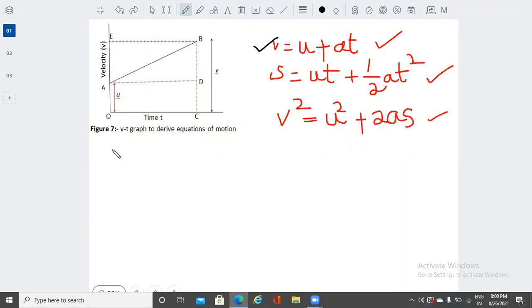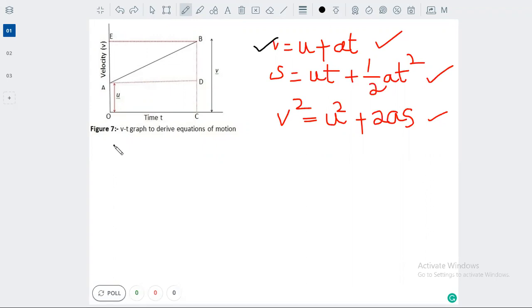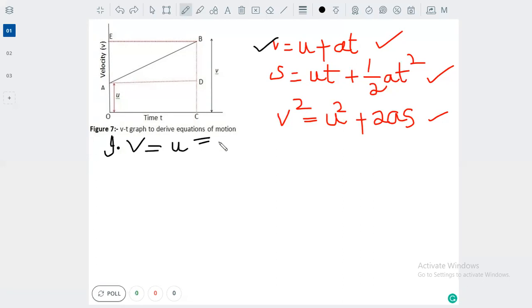First of all, the initial velocity. I'm just writing it as IV. Initial velocity is equal to u. Why u? Because you can see u. Initial velocity is u, and u is equal to OA. That is the initial velocity OA, and OA is equal to CD.